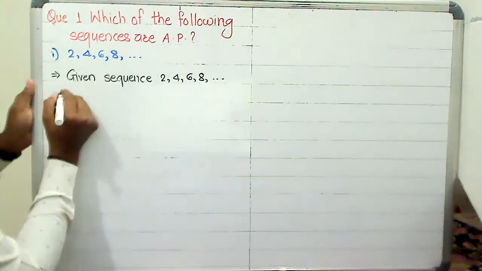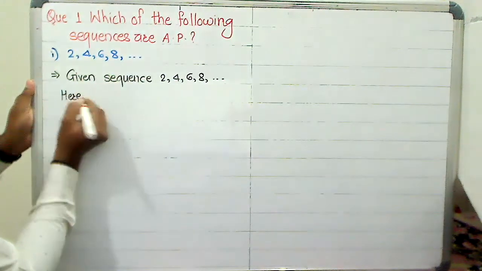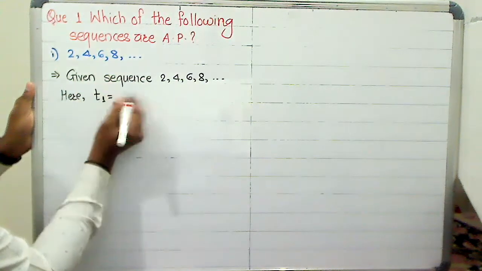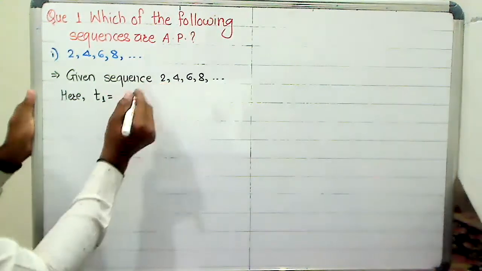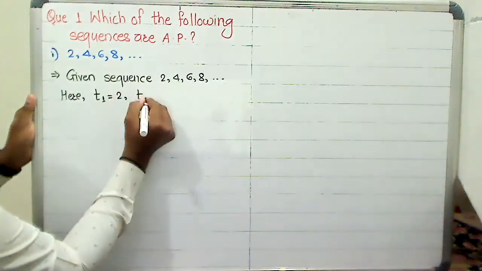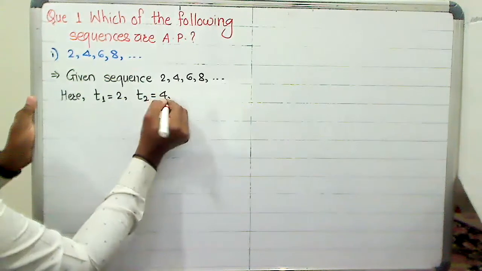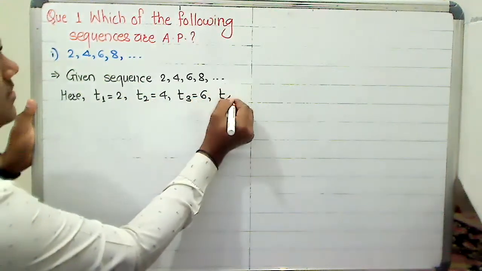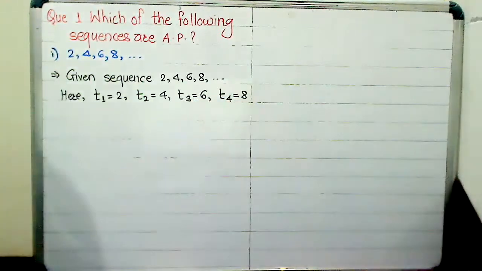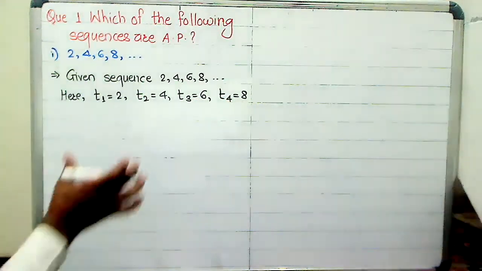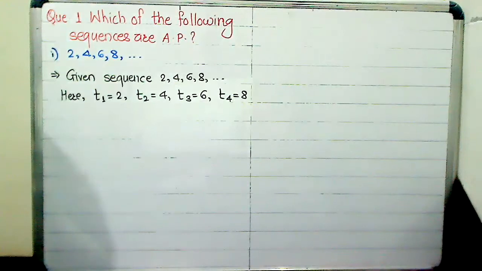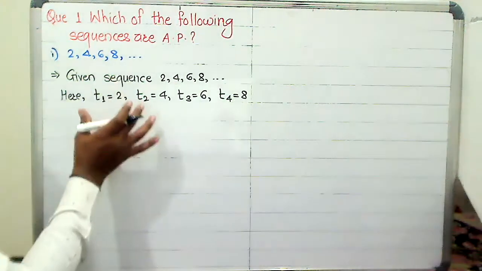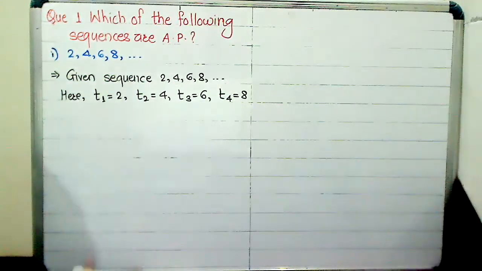Now here, T1, the first term of the sequence, is 2, T2 is 4, T3 is 6, and T4 is 8. To decide whether this sequence is an arithmetic progression or not, we should find the difference between two consecutive numbers of the sequence.